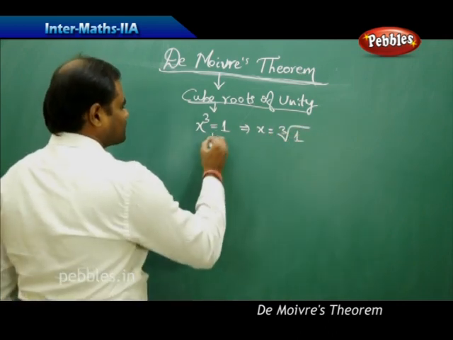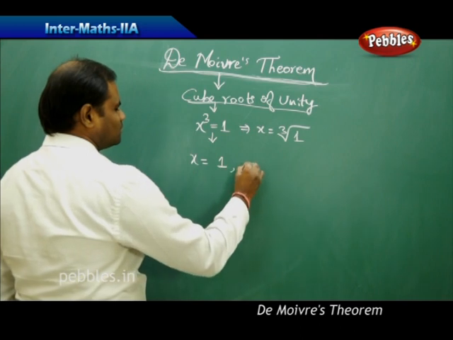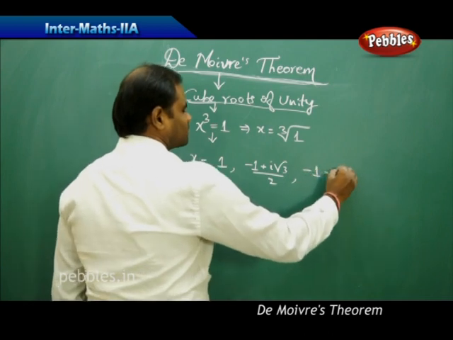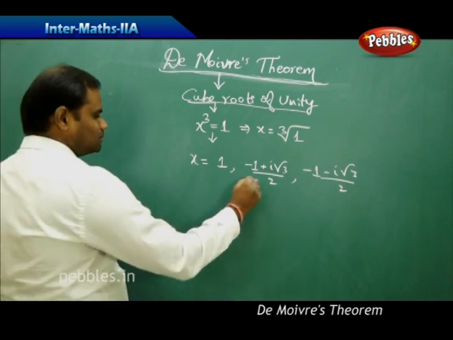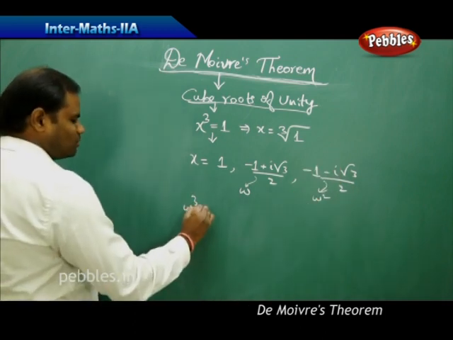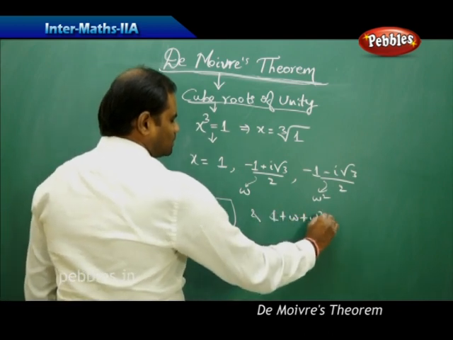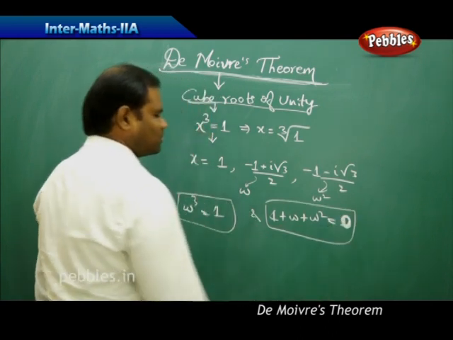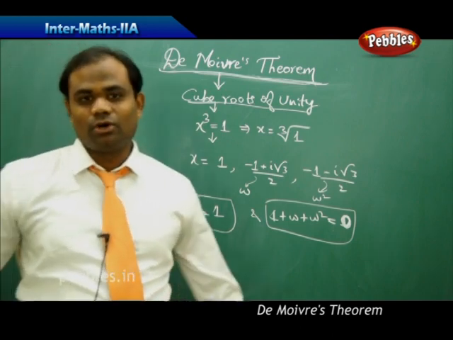And in this case, we find that the cube roots of unity are 1, minus 1 plus i root 3 by 2, and minus 1 minus i root 3 by 2, which is how we get 3 cube roots of unity, where this is denoted by omega and this by omega square, such that omega cube is 1 and 1 plus omega plus omega square is equal to 0. These are the two basic properties we have in cube roots of unity.